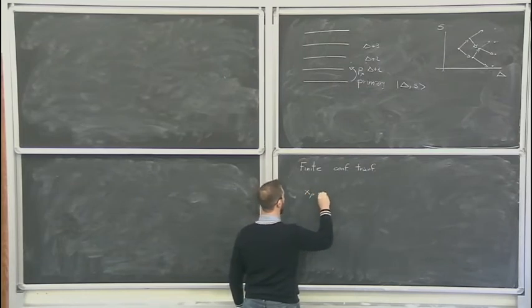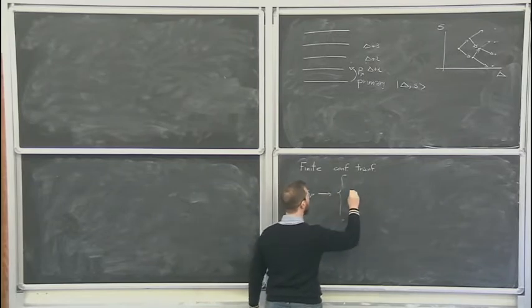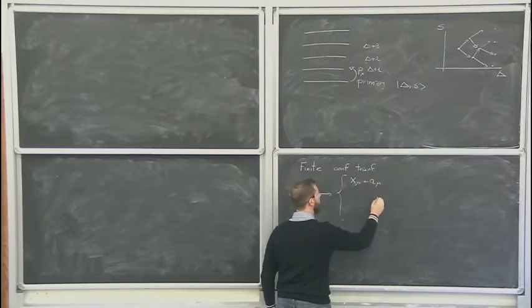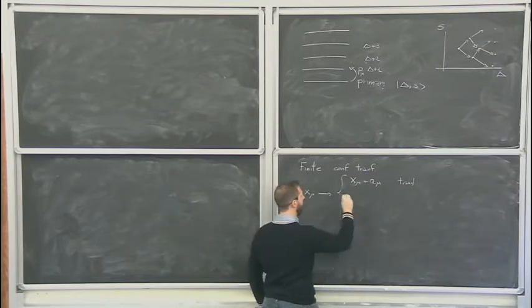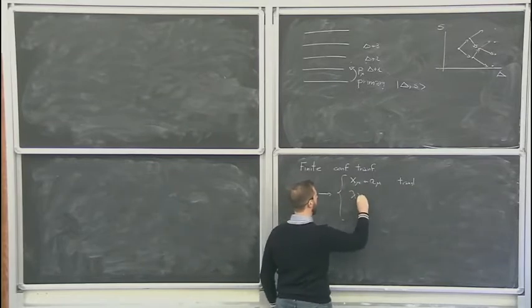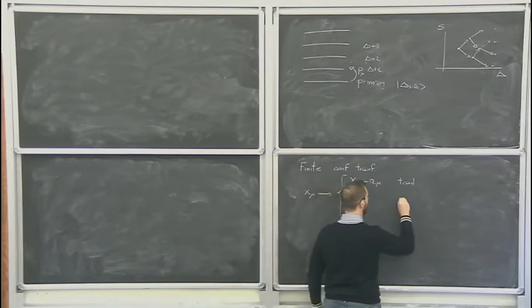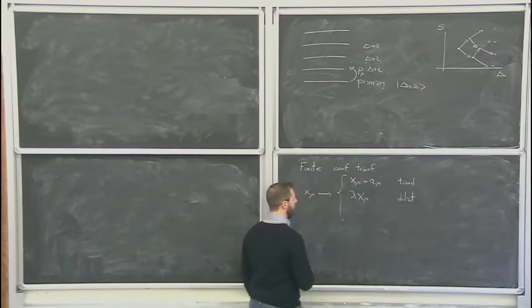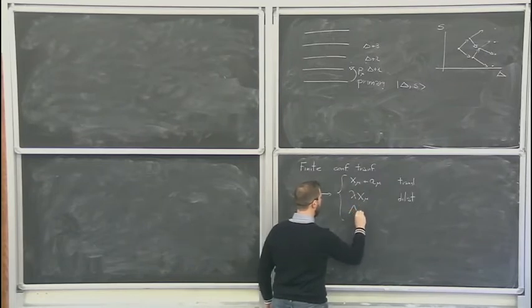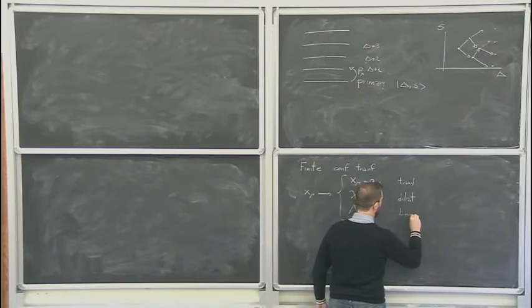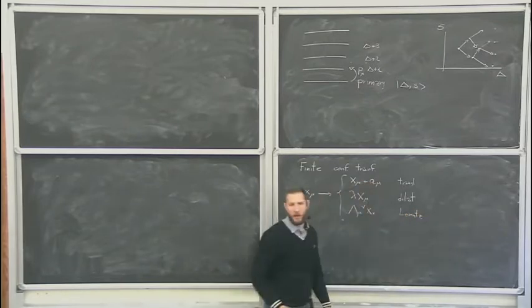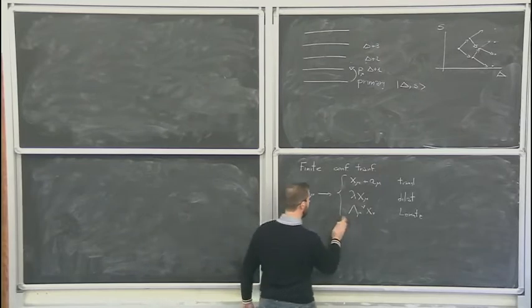X mu going to x mu plus a mu. Okay, this is trivial for translations. X mu going to lambda x mu for dilatations. X mu going to lambda mu nu x nu for Lorentz. This I'm sure you could have guessed yourself.